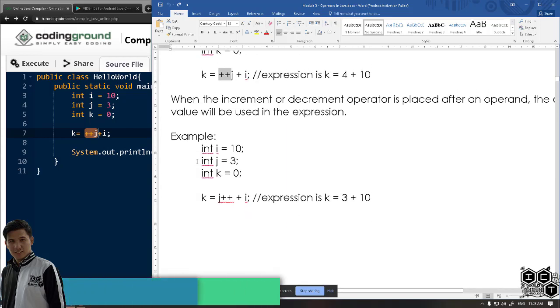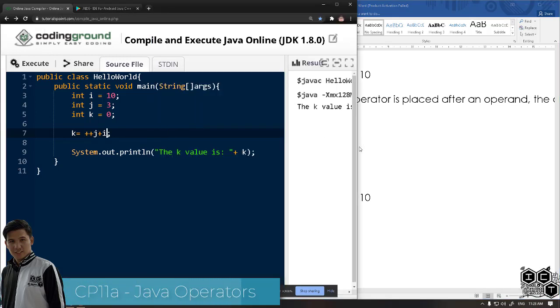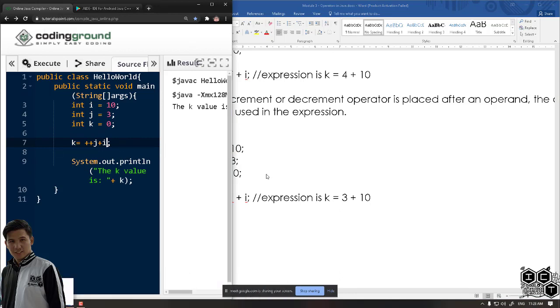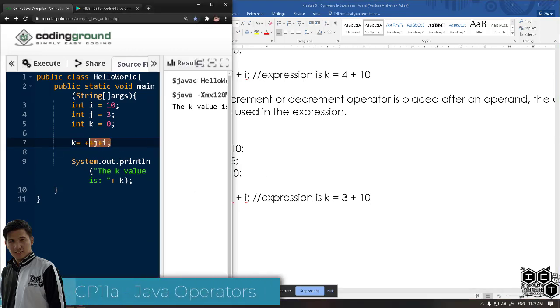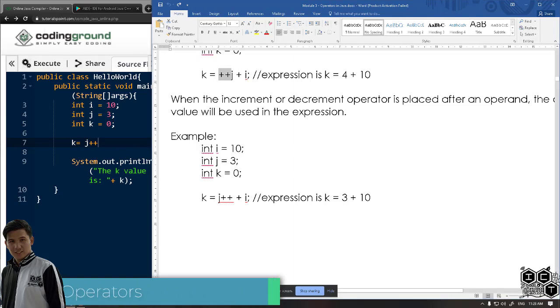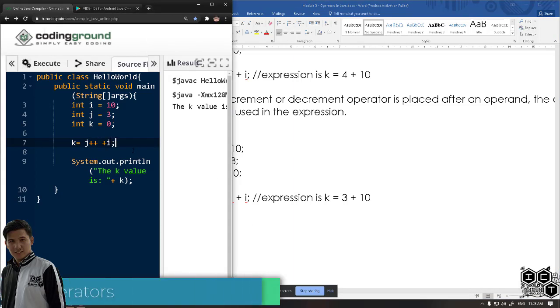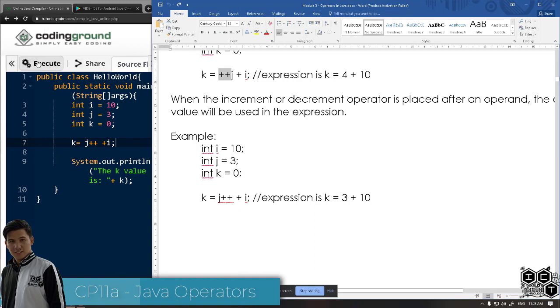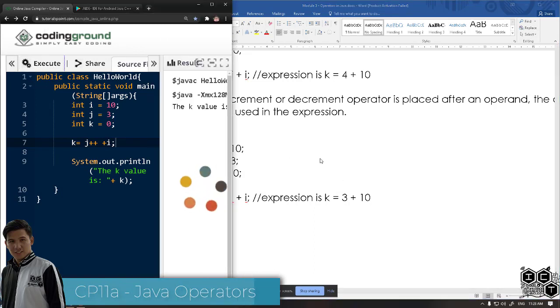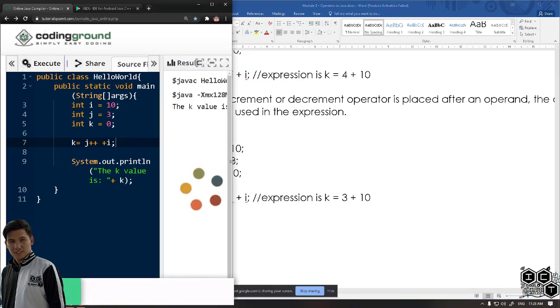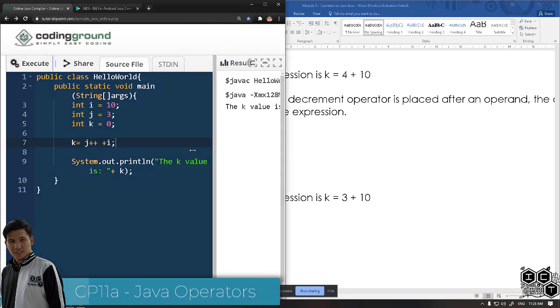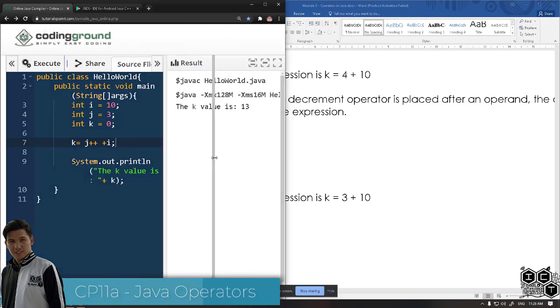Ito naman, ang pinagkaiba, let's try to see and analyze what happened. K is equivalent to j plus plus I. Now, baka nagtataka kayo, bakit ganun? Ang sagot dito ngayon is 13, hindi 14.